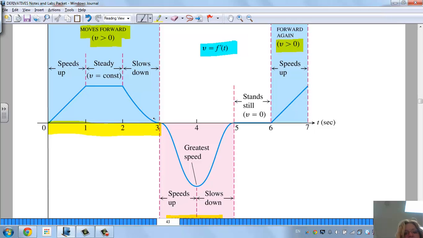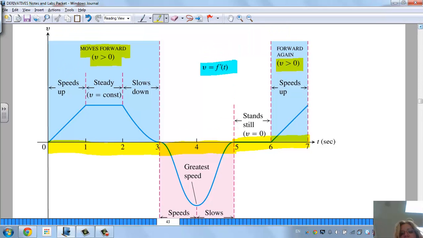Then between 3 and 5, notice my particle is going backwards for 2 seconds. Then it stands still for 1 second because my velocity is 0, so it's not even moving. So it moves forward, speeds up, is constant, slows down, then goes backwards for 2 seconds, and then it stops. Then it's speeding up for the last 2, and then it's moving forward again.